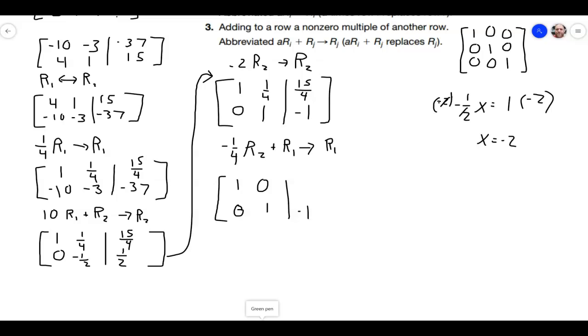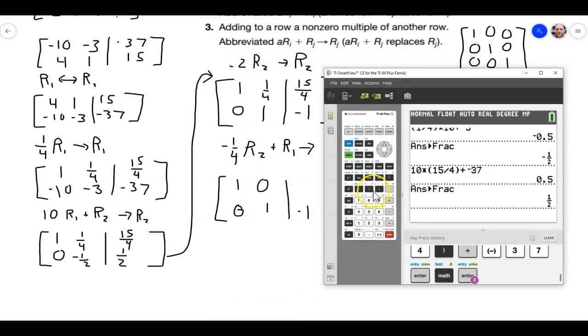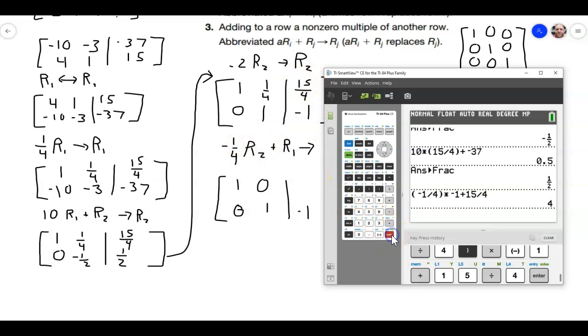So let me go ahead and use a calculator for this. And I will say negative 1/4 times negative 1 plus 15/4. Right? Just taking negative 1/4 times this value and adding it to that value. And that's going to give me a positive 4.